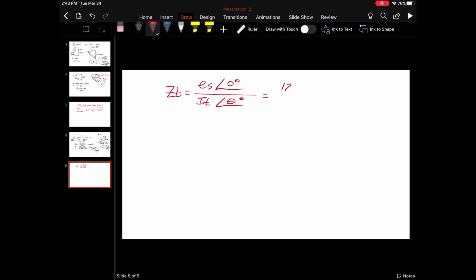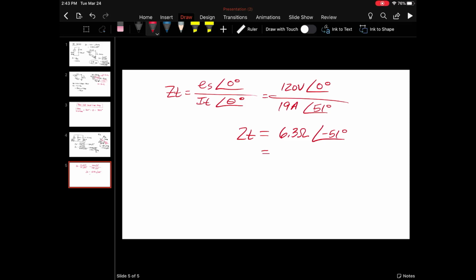So we had 120 volts at 0 degrees divided by 19 amps at 51 degrees, which is going to be 120 divided by 19, 6.3, let's say, 6.3 ohms at an angle of minus 51 degrees. So this is the value of polar impedance, Z total.